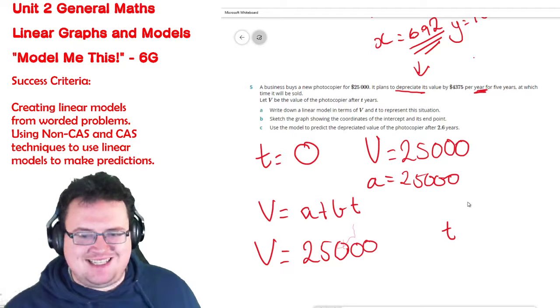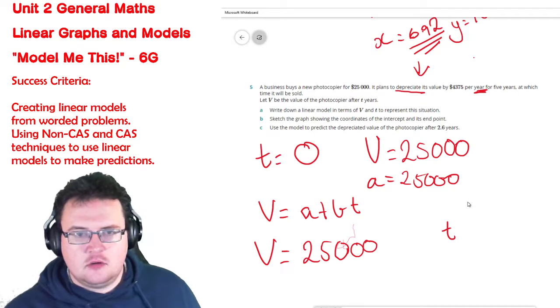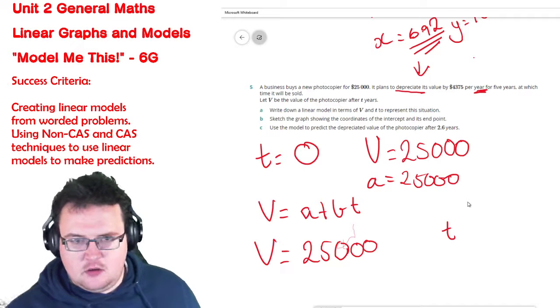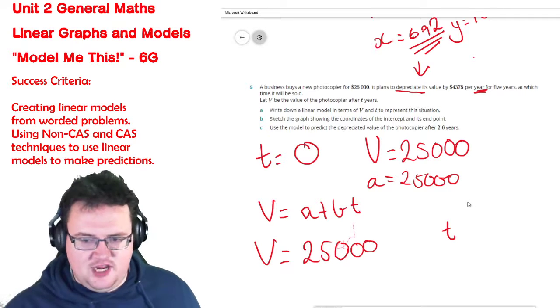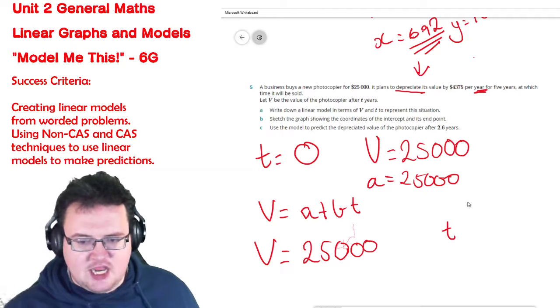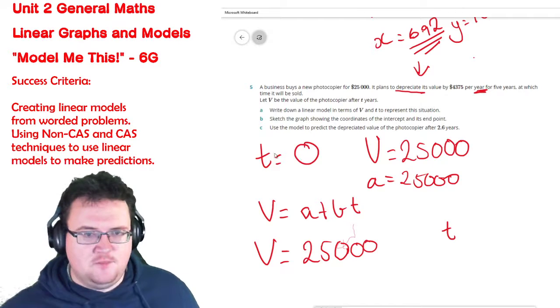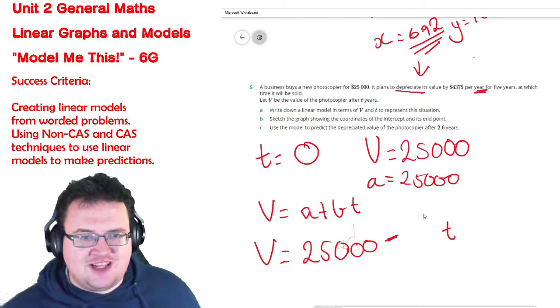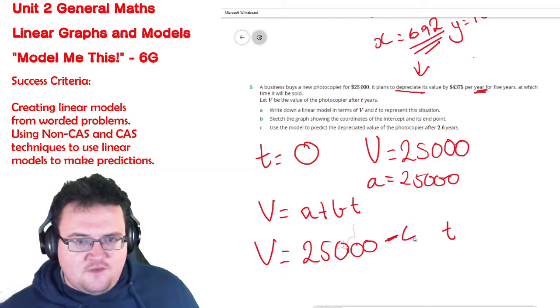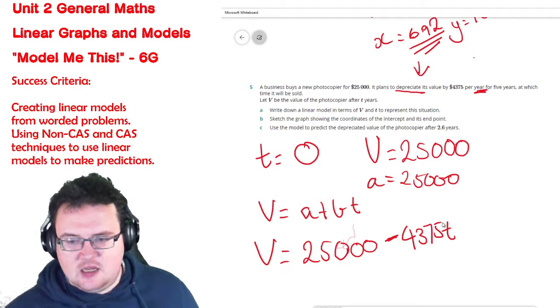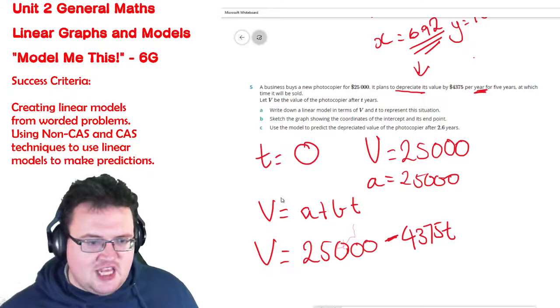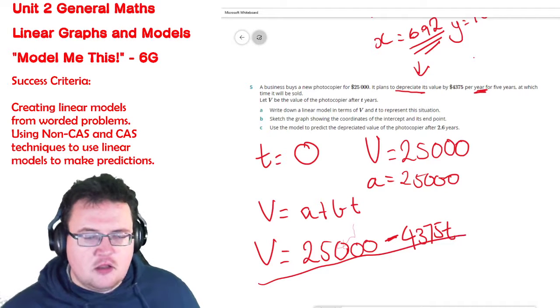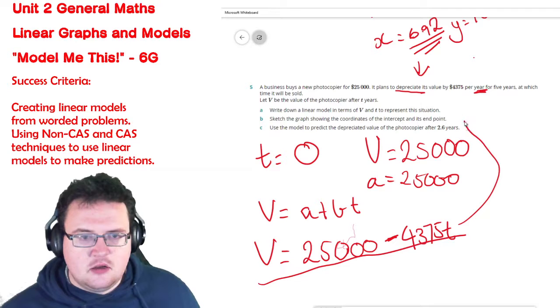How do I represent down on a gradient? Is it a positive or a negative gradient? So a couple of people there. Negative, negative, negative. Beautiful. So I'm going to put a negative in there to show that it's decreasing. And it is 4,375 t.